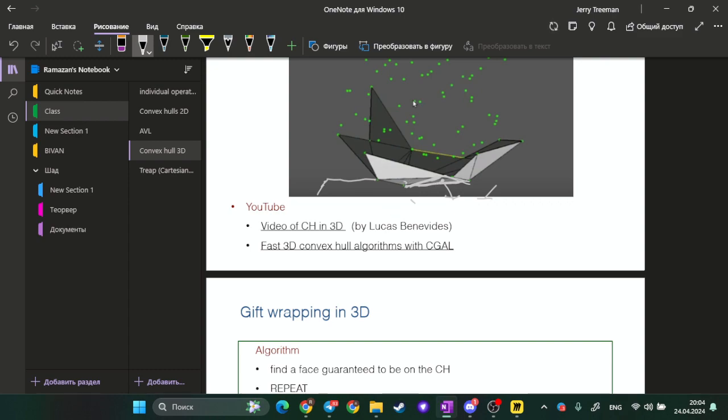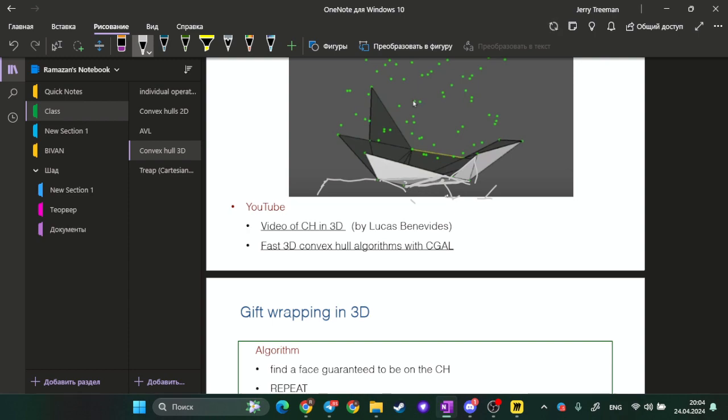So we need to go from this edge and this edge and get the next faces, and so on. We need to do the same algorithm that I already discussed.